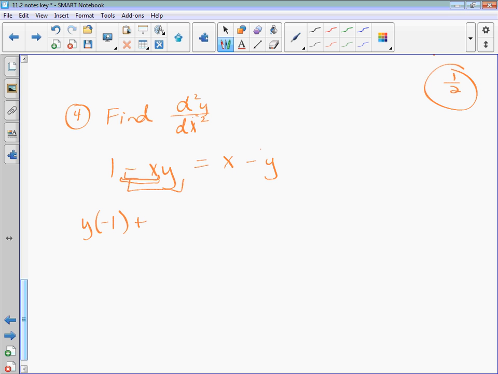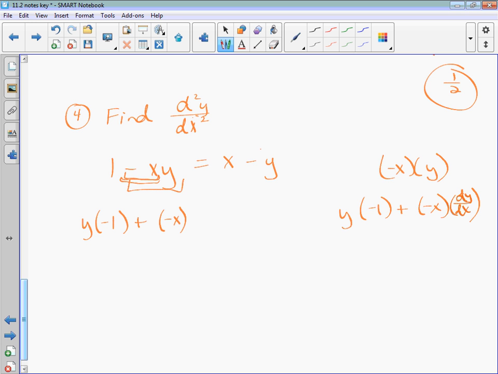Plus, then it's going to be negative x. All right, the derivative of y. Wait. Yes. Product rule? I'm doing the product rule of negative x times y. So, second one times derivative of the first plus first one times derivative of the second. That's the dy.